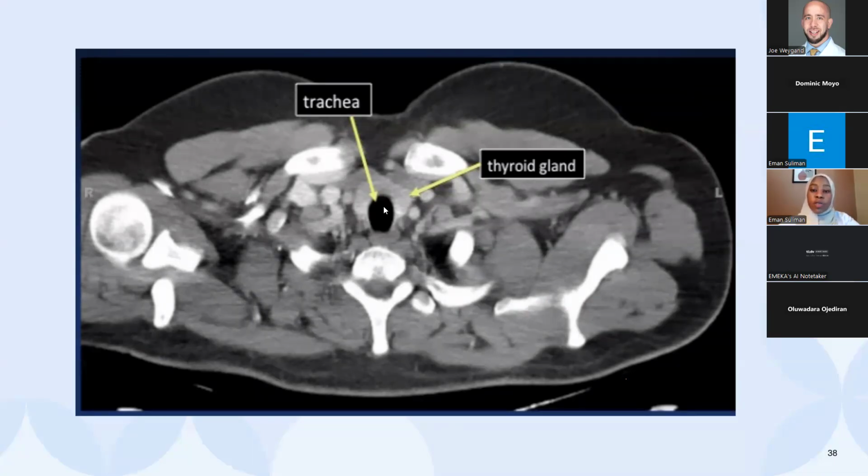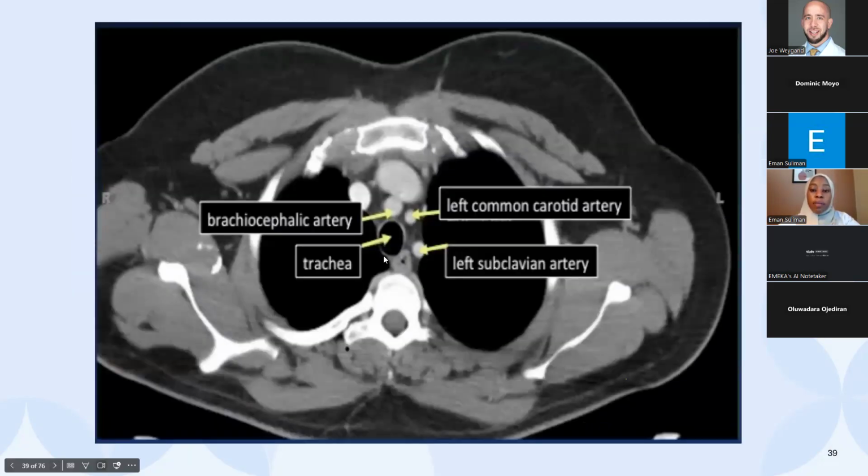Here we could see the trachea and the thyroid gland in the neck. And now we'll move down. This is the left subclavian and the right subclavian and the common carotid. We're mainly concerned with the trachea at this level. Here is the trachea, and at the very back is the esophagus.